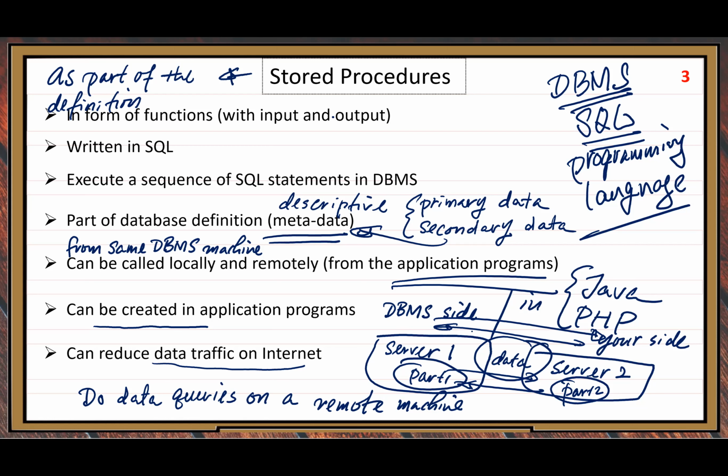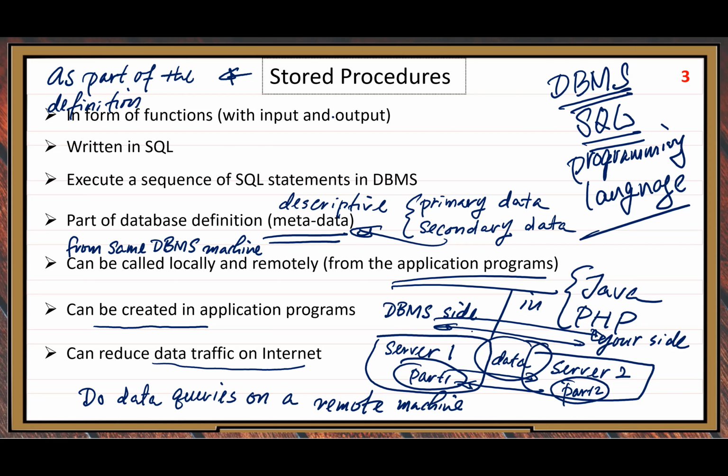That's the first idea, not very good. Second idea: why do we need to load data to our side? Can we just let the DBMS do the database processing at the DBMS side?